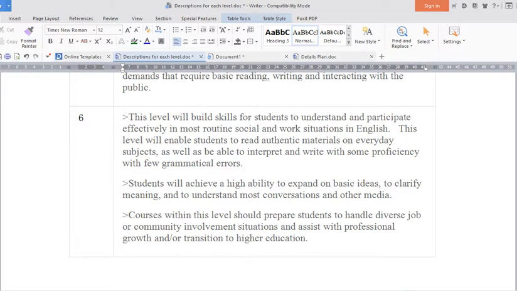Students will achieve a high ability to expand on basic ideas, to clarify meaning, and to understand most conversation and other media. Courses within this level should prepare students to handle diverse job or community involvement situations and assist with professional growth and or transition to higher education.